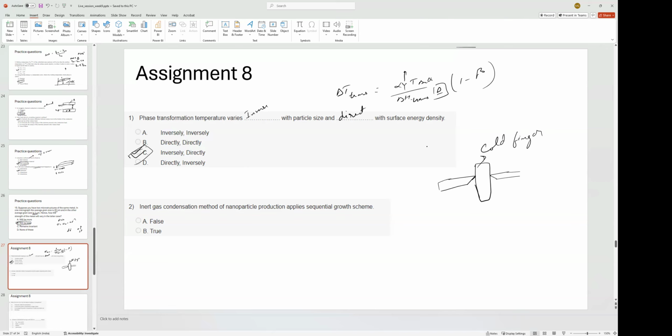And these are mechanical scrapers as the nanoparticles are growing. What happens in this? Growth happens in steps, so you get this core shell kind of structure. That's why it's a sequential growth scheme.